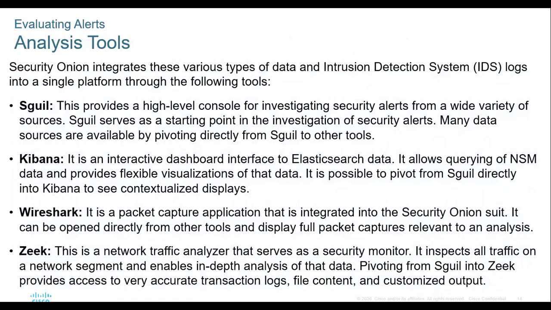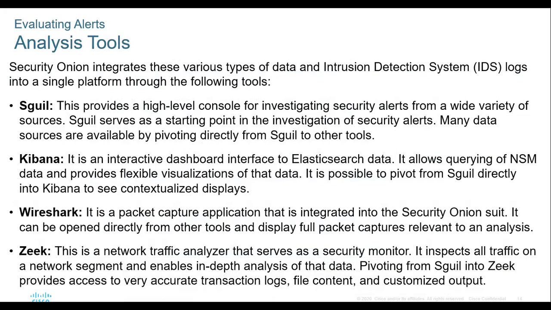So in the next slide, we have analysis tools. Security Onion integrates these various types of data and intrusion detection system, IDS, logs into a single platform through the following tools. So the intrusion detection system is able to generate or gather these logs with the help of the following tools, which are Squil, Kibana, Wireshark, and Zeek. So let's look at the first one, which is Squil.